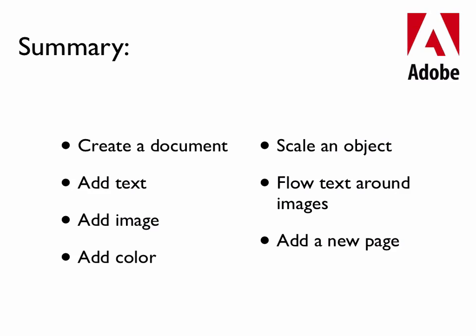We learnt how to change the colour of our text. We added swatches and we also sampled colours from an image. We scaled an object. In this case, we scaled an image up and down. We added an image into the middle of some text and we made that text flow around the image. And we also saw how to add a new page.